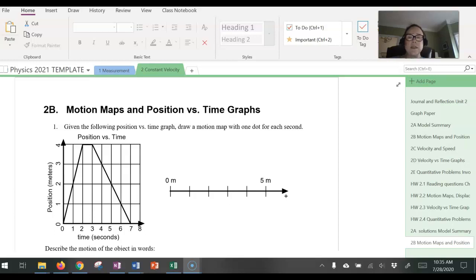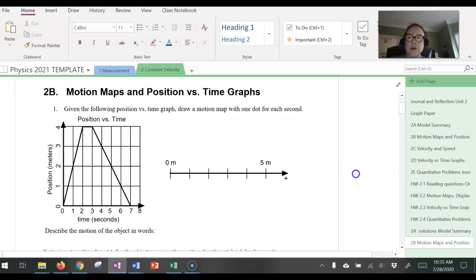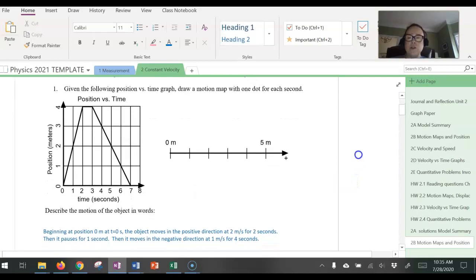Let's describe this in words first. And girls, for the sake of time in this video, I have typed my description rather than writing it by hand. So you always want to say where the object begins, and this object begins at position 0 meters at time 0.